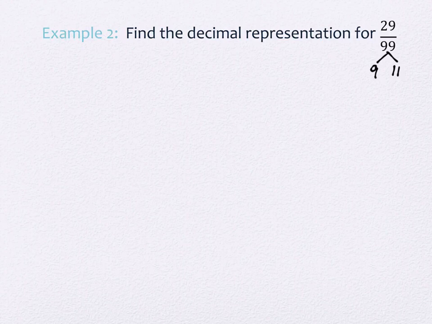So we're going to find a decimal representation. The 29 will be divided by the 99. Clearly it does not go in, so we put in a decimal point and a 0. Now 99 will go into 290. How many times? 2. So I'm bringing my decimal up and I'll put a 2.